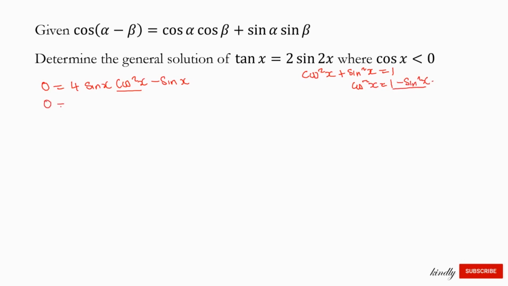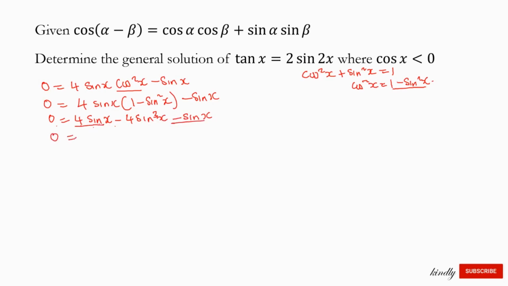So it's 0 is equal to 4 sine x, then times 1 minus sine squared x minus sine x. And then we can remove the brackets here. 0 is equal to 4 sine x minus 4 sine cubed x minus sine x. And then we have like terms here. We can simplify them.